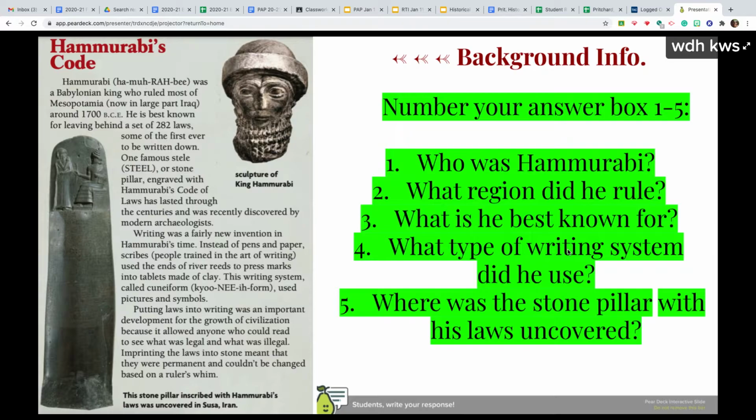Beside number 4, what type of writing system he used. And beside number 5, where was the stone pillar with his laws uncovered?